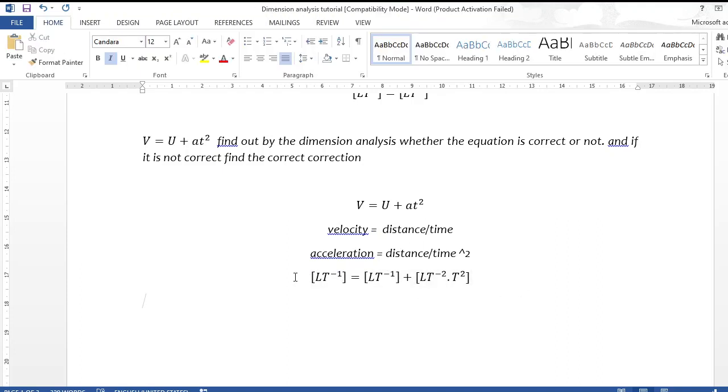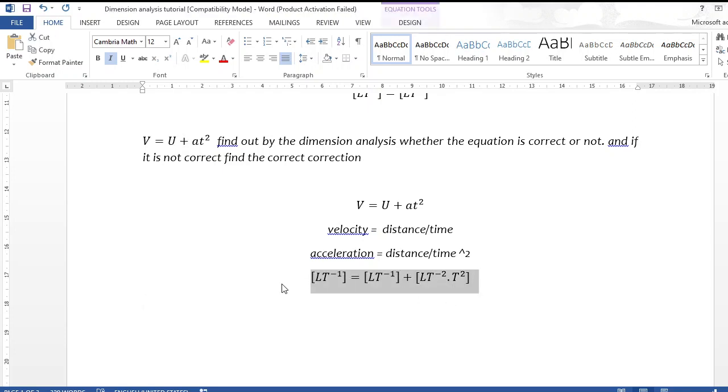Now, if you analyze here, you see that this first part is equal to this first part, and an addition separates the variables in an equation, while multiplication merges the variables in an equation. So this dimension is equal to this dimension, but this dimension is not equal to this dimension. Let's analyze to find whether it's equal or not.